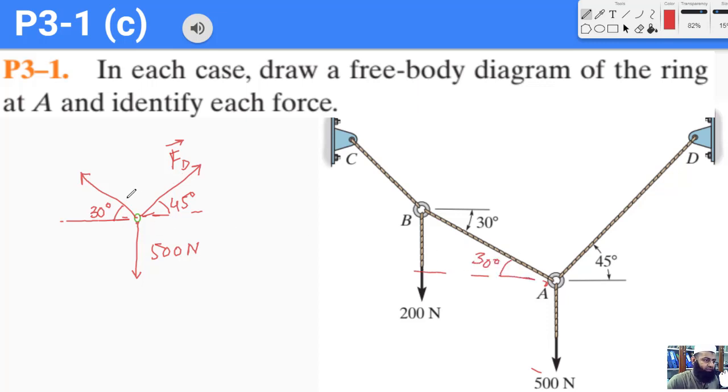And I call this force Fb. So here I have drawn the free body diagram of this ring A. I have identified all of the forces. Notice we do not need to define an axis just to draw a free body diagram. We need to define an axis to solve using the Cartesian vector form. Okay.